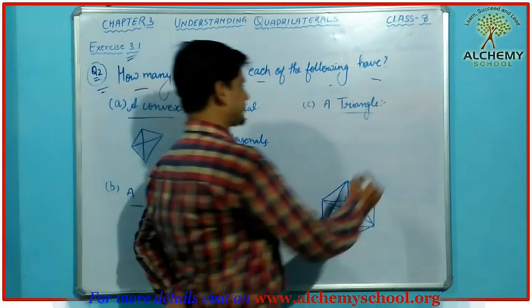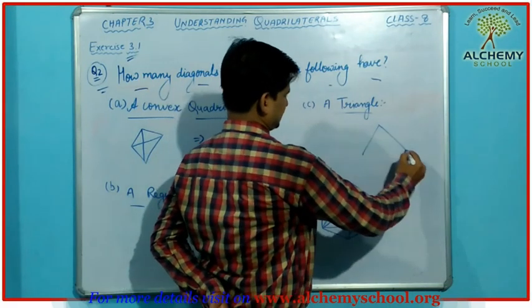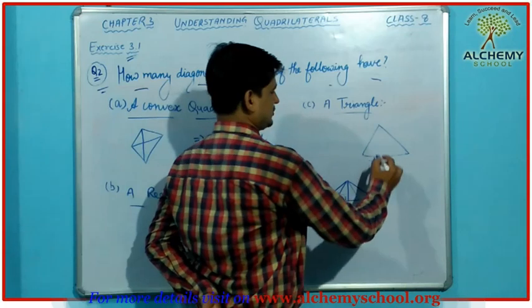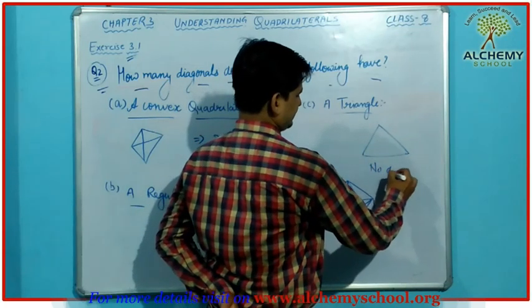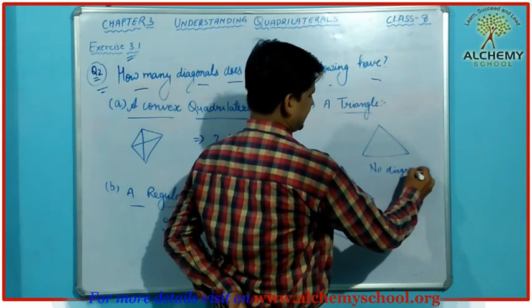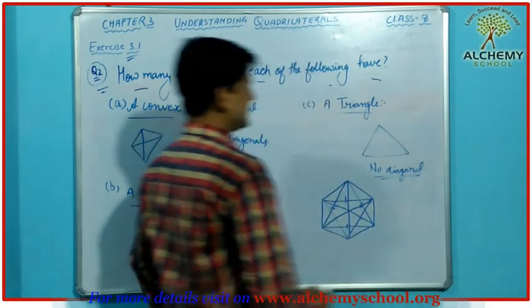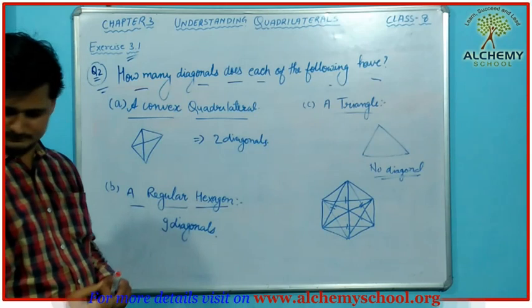When we talk about a triangle, so this is a triangle, can we make any diagonal here? So no, we cannot make any diagonal here in a triangle. So a triangle does not have any diagonal.